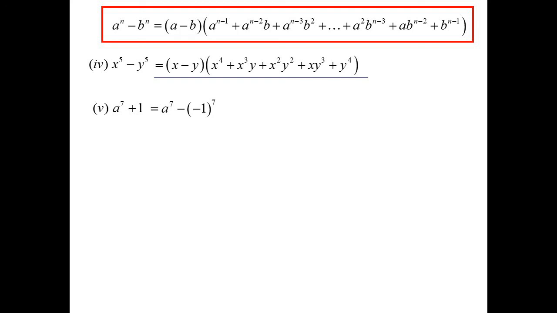Because negative to an even power is positive. So it would stay minus. You couldn't get the plus out. So it only works for odds. So we'll end up with a plus 1 starts off the same. Powers of a are going down by 1. Powers of 1, well, you don't write them down, they're theoretically going up by 1. And the signs alternate in this one. So plus minus, plus minus, plus minus.